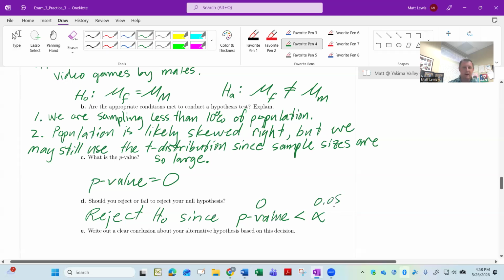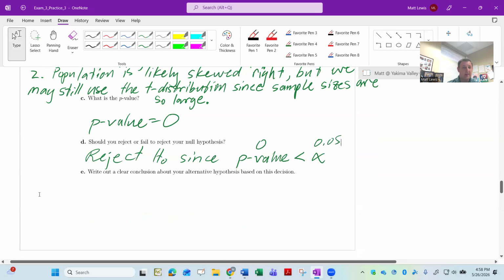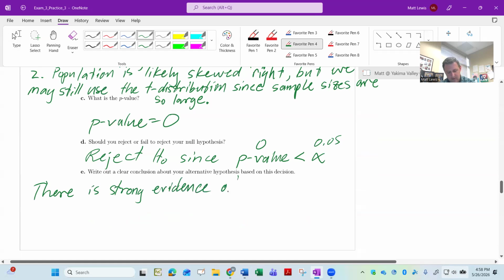When you have a tiny p-value like that, I'd like to not only say that there is enough evidence, but I like to say there is strong evidence of a difference in the mean amount of time.